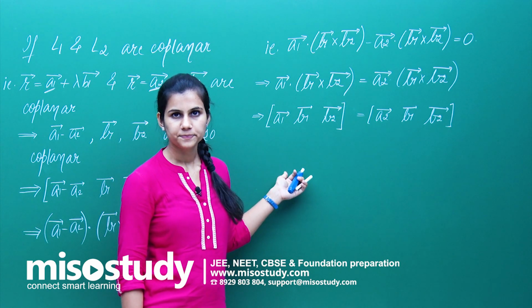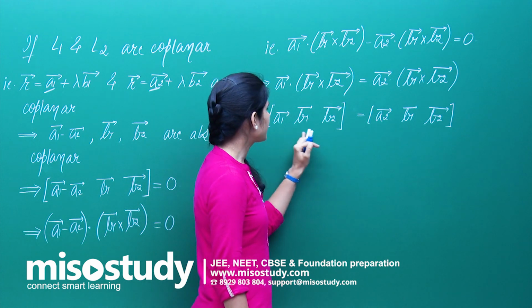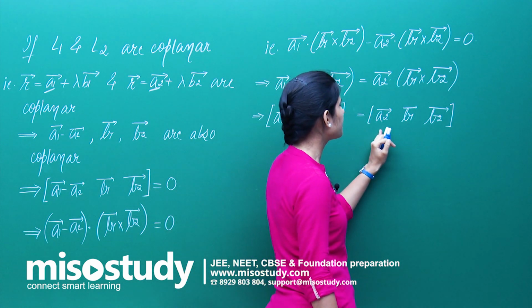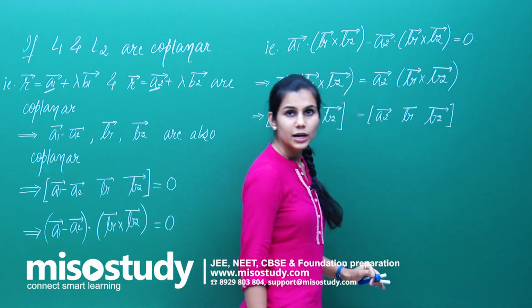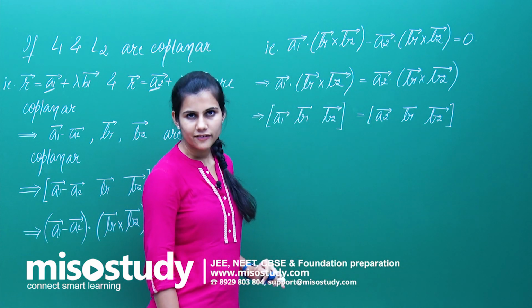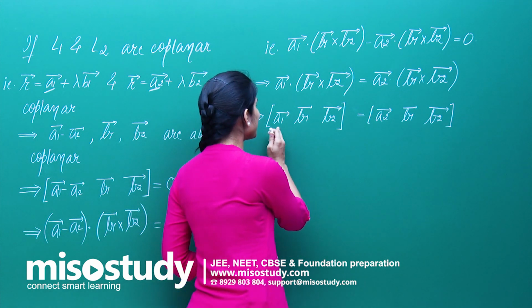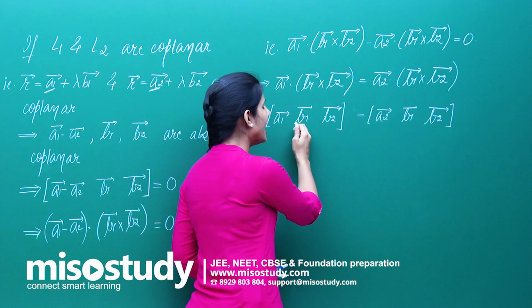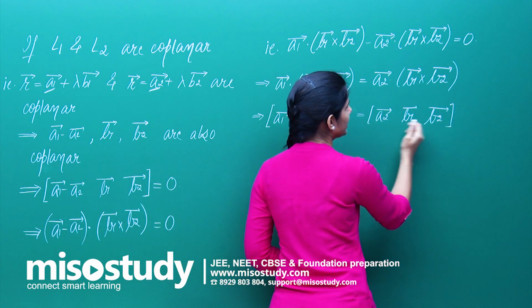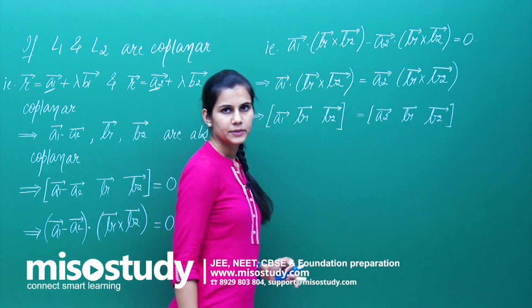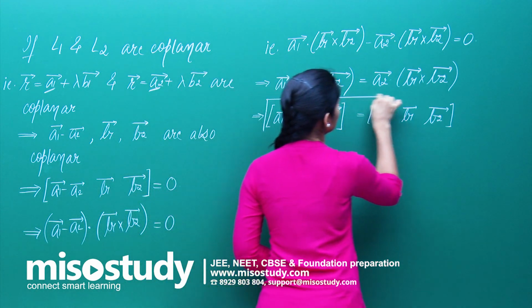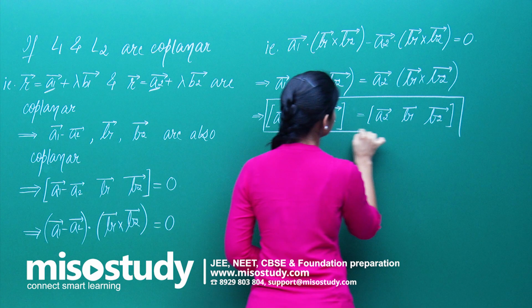are coplanar. So if A1 vector, B1 vector, B2 vector, scalar triple product of these three is equal to scalar triple product of A2, B1 and B2, then conclude that the two lines L1 and L2, where L1 is A1 vector plus lambda times B1 vector and line 2 is A2 vector plus lambda times B2 vector, these two lines are coplanar. It is this which happens to be the condition.